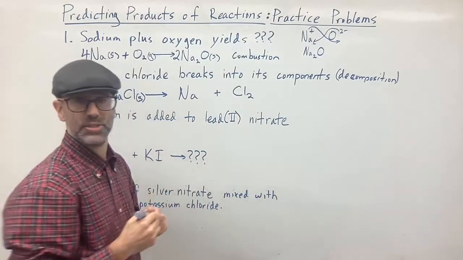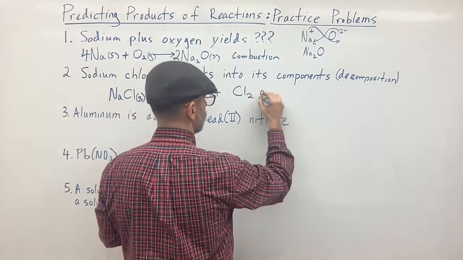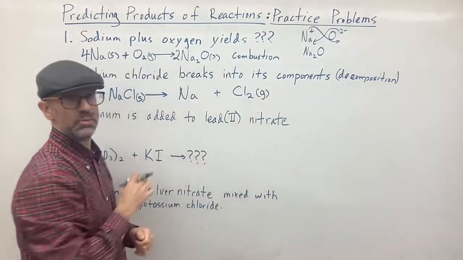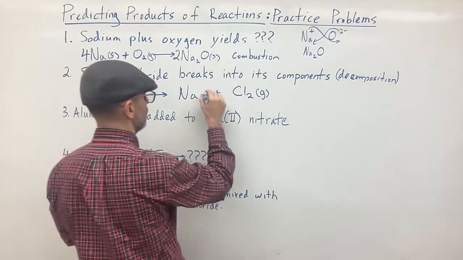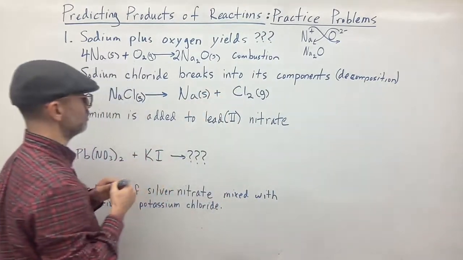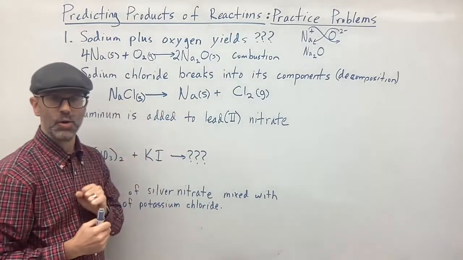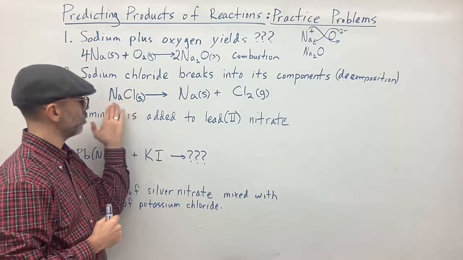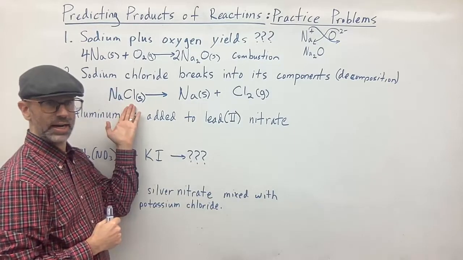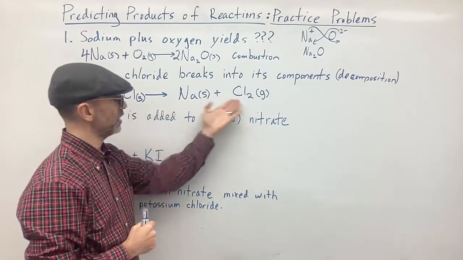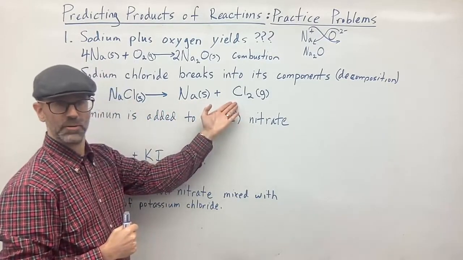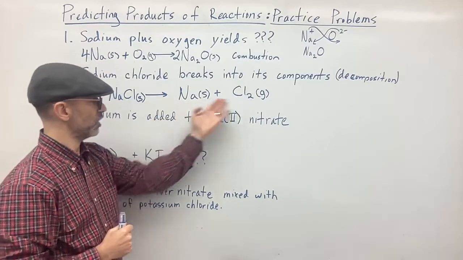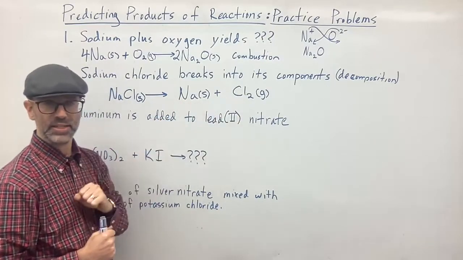And Cl2 is a gas, so that'll be G for gas. Sodium is a metal, so that's going to be a solid. And so now we have our equation. So this is a sodium chloride, an ionic compound, breaks up into its individual elements. And so we got sodium and Cl2, Na and Cl2.